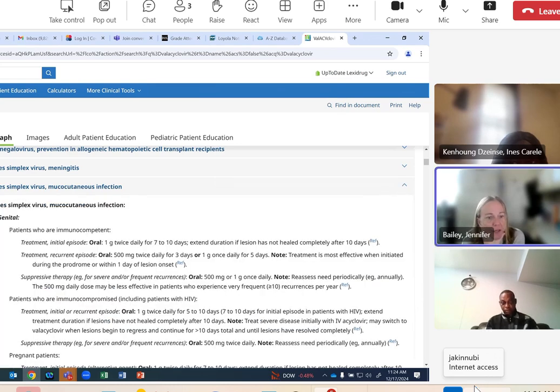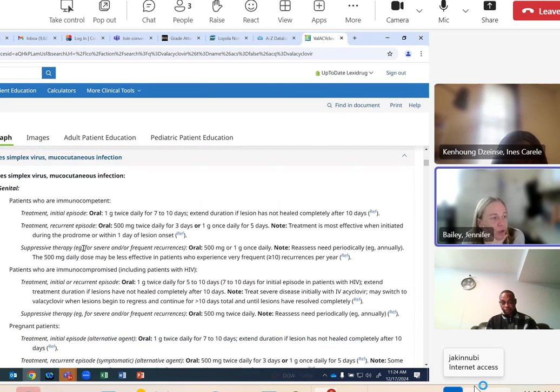And then you'll see different variables. There are different recommendations if patients are immunocompetent versus immunocompromised. And then you see how there are different recommendations, whether it's treating the initial episode, treating the recurrent episode, or using it as suppressive therapy.